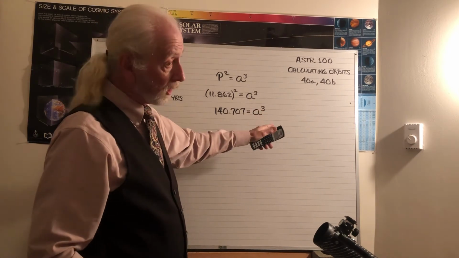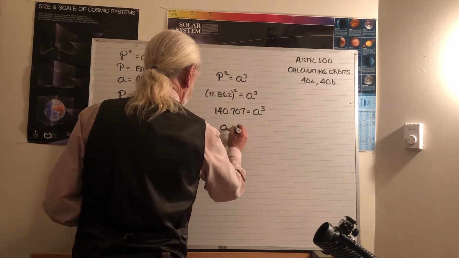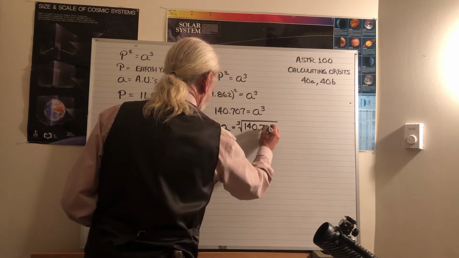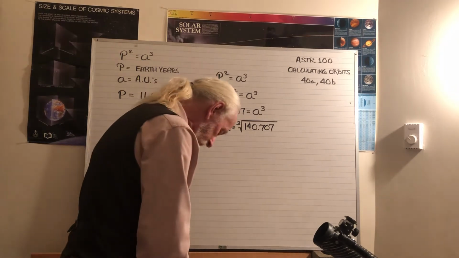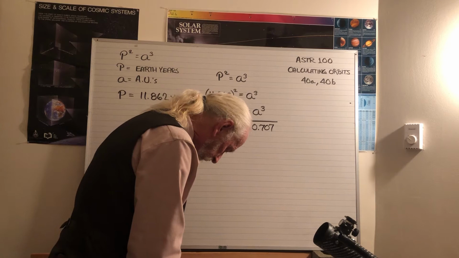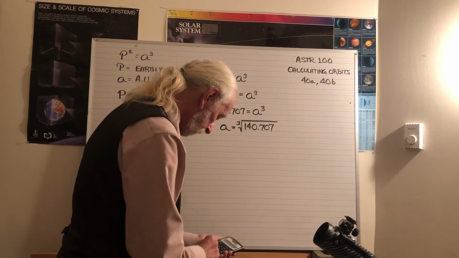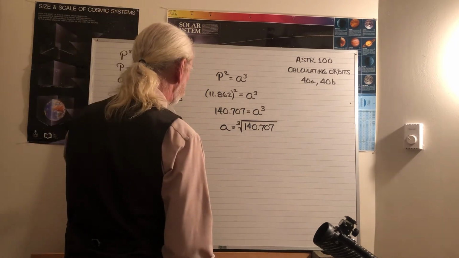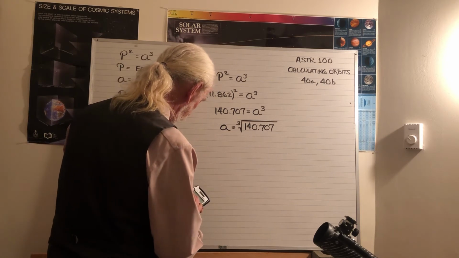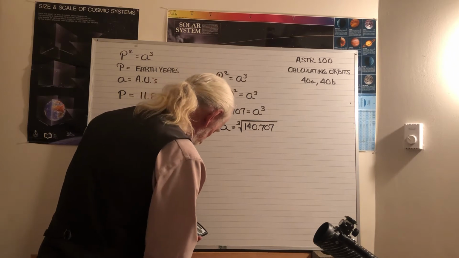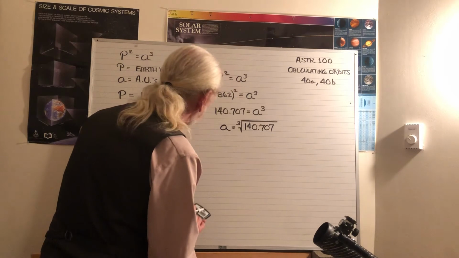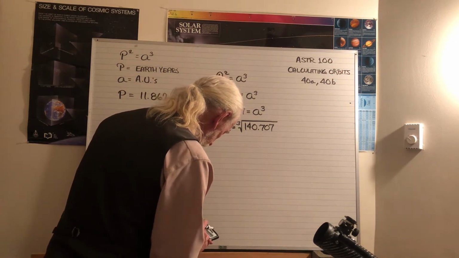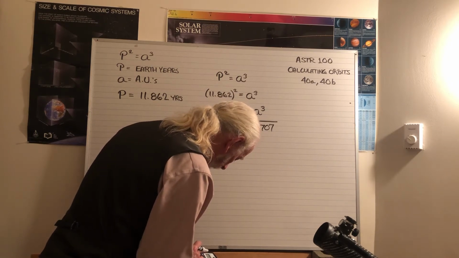So how do I uncube something? Cube root. So a is going to equal the cube root of 140.707. There it is.